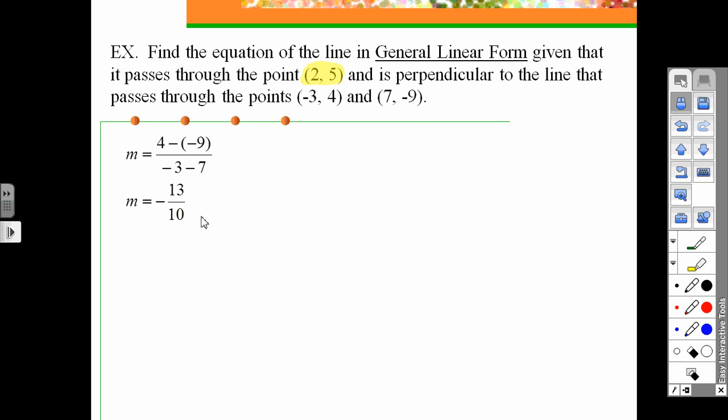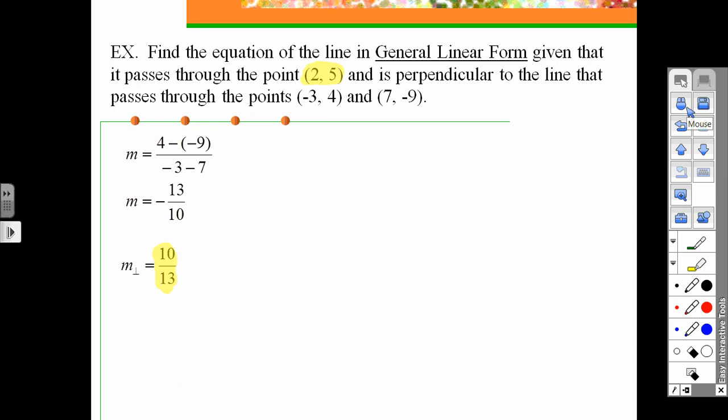But remember, I want my line to be perpendicular to this line. So my new slope, or the slope of the perpendicular, I do the opposite reciprocal. So now this is going to be a positive 10 over 13. So now I have my slope. Here's my slope. And I have my point right there.